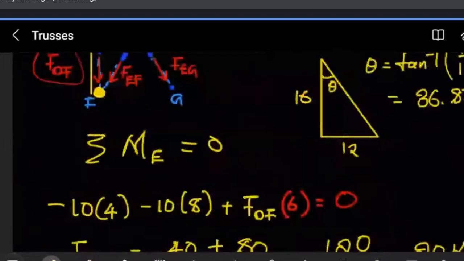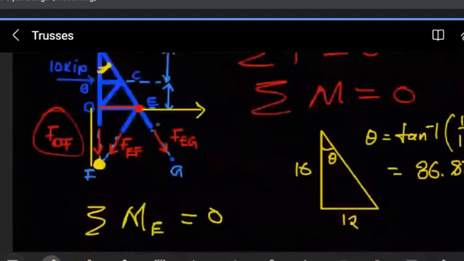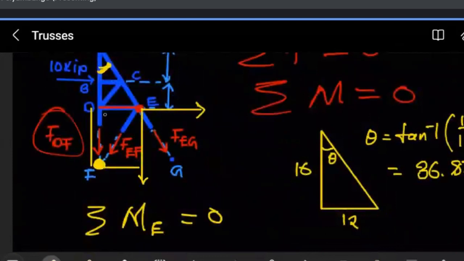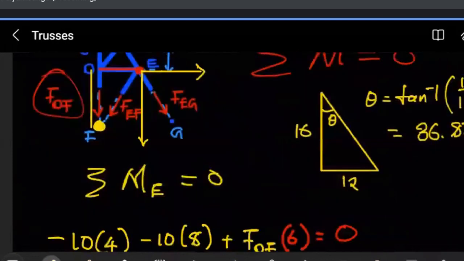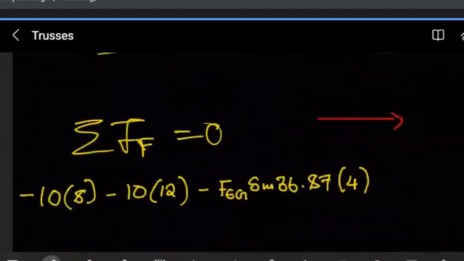Having done that, we then move on to the next part, the Y component of FEG. The Y component of FEG will also be acting at E, but it will be acting vertically downwards. So the distance here is going to be this distance. And remember, we already used it. It was the distance from D to E there. And we saw it was 6 feet. So this is going to be the force itself. Let's reduce the size here.